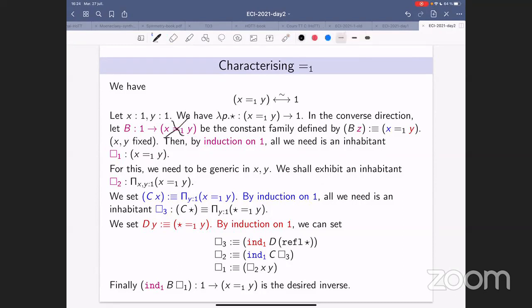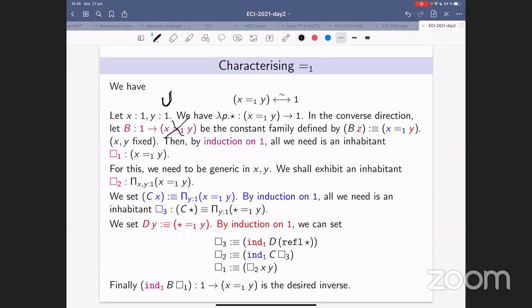This type family is from 1 to u. And it's defined by applying B to Z, where Z is of type 1, is the type X equal Y. Okay, so it's a constant type family which maps into the type X equal Y.